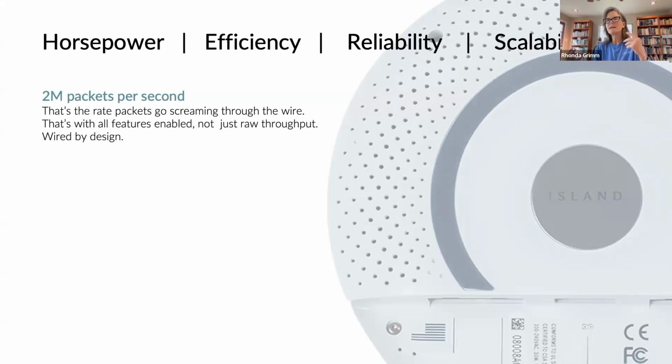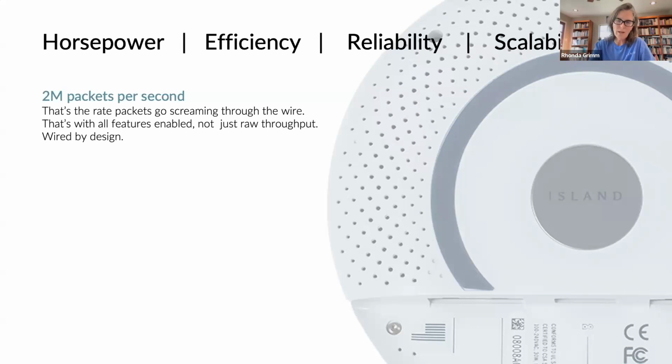So we took all that expertise, 40 years of it, all that carrier grade, the demands that the carriers put on the different equipment in their core. We put that all into Islands.